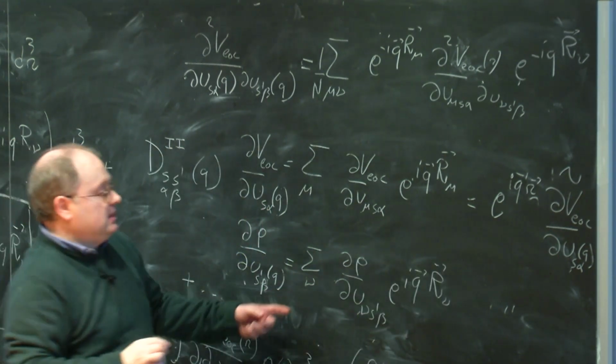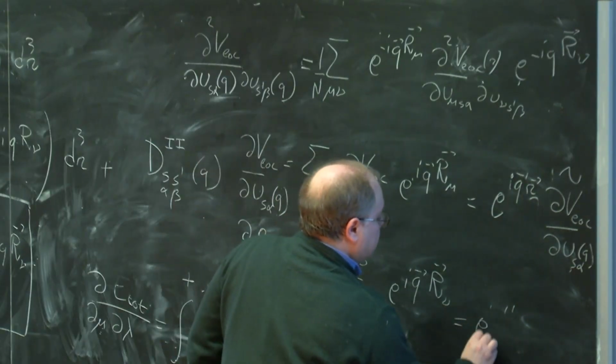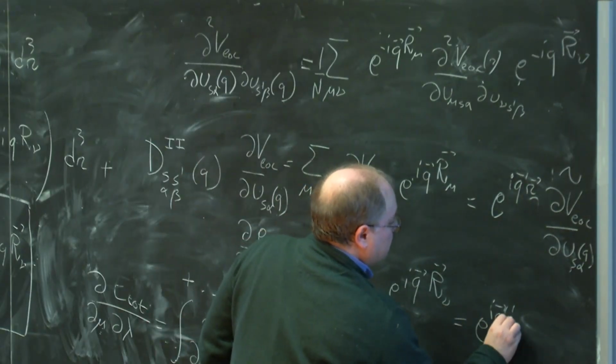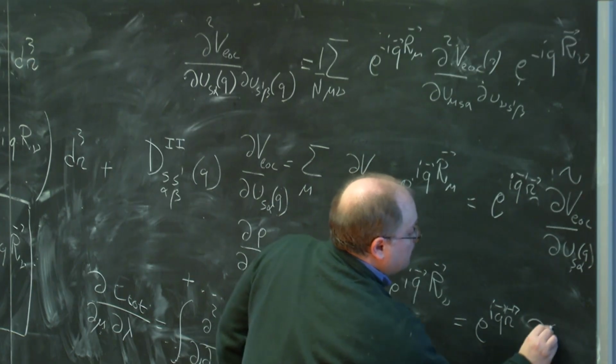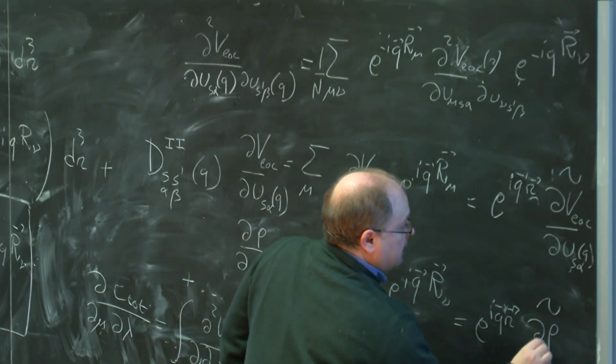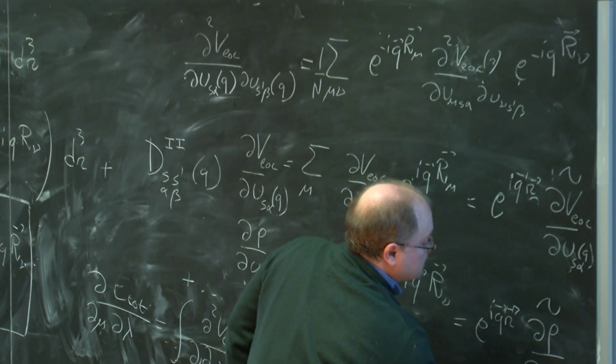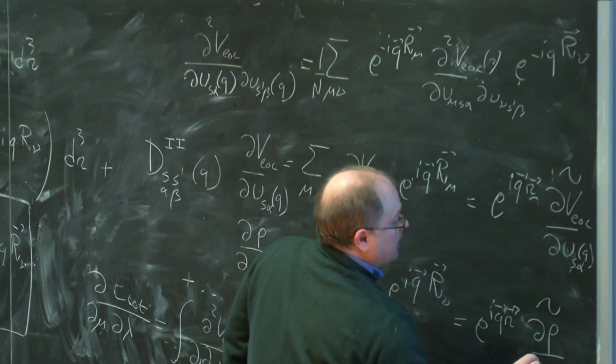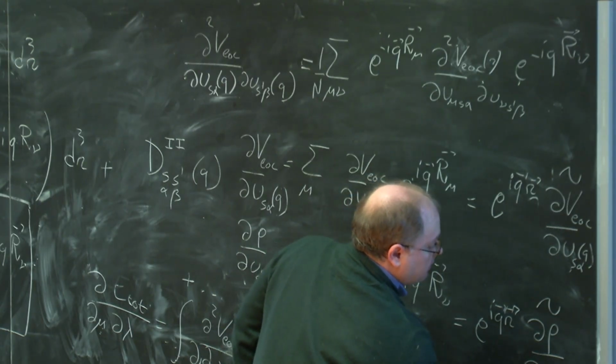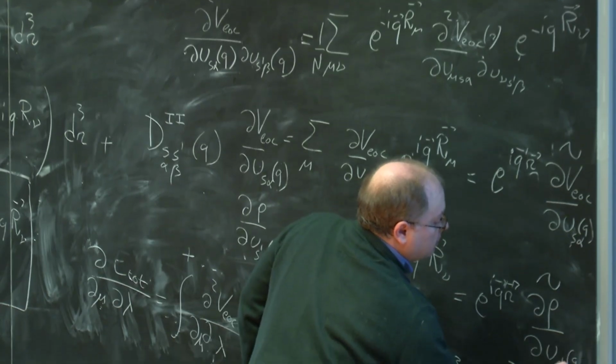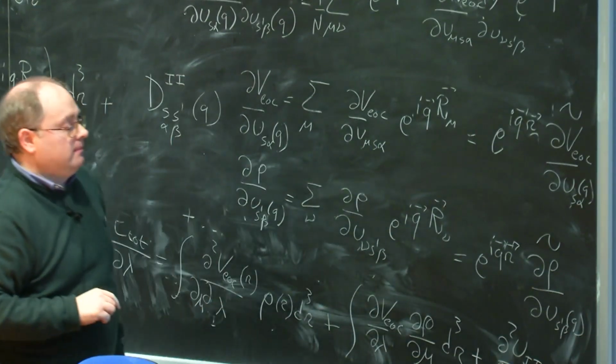well, this is again a phase factor e to the i q r multiplied by a function that is periodic with the periodicity of the lattice, that I call d rho over du s prime beta of q, periodic part.